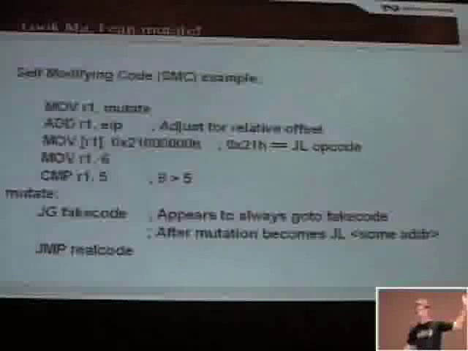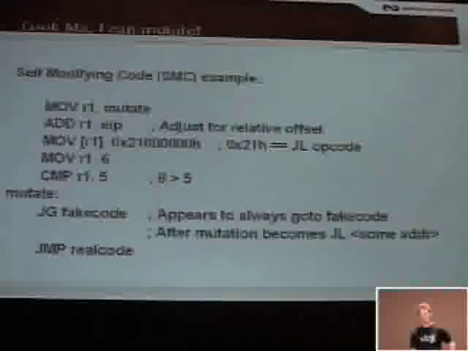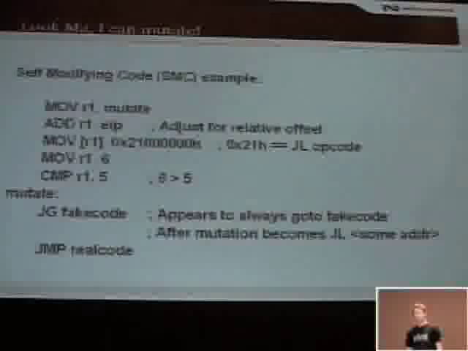And then this code normally would be next to where mutate is, because it's really obvious here, but you'd hide it somewhere else. If somebody did write a decompiler for this virtual machine, they'd see code like this, and it would look like you're moving a 6 into R1. You do a compare to 5, is 6 greater than 5, and if so, we're going to go to fake code, which in real life never really runs.